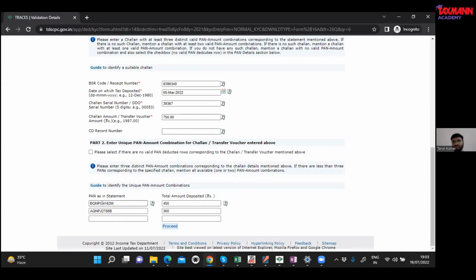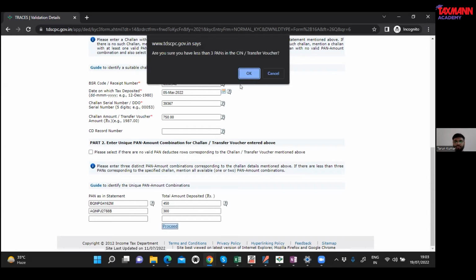So this is the first deductee against which we had deducted the 450, and this is the second deductee against which we had deducted the 300 rupees. Since in my case this challan was against only 2 deductees, I have mentioned only those 2 deductees, not 3, right? If the challan would have been for 3 deductees or more, then only 3 deductees are to be mentioned here. Then I'll click on proceed.